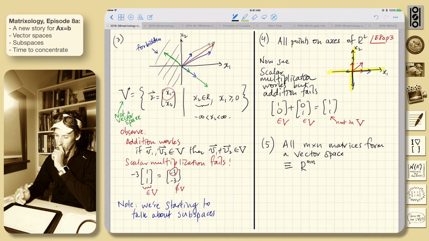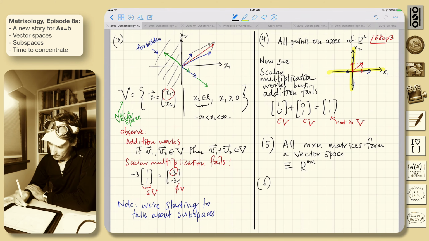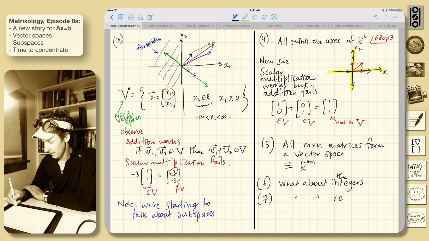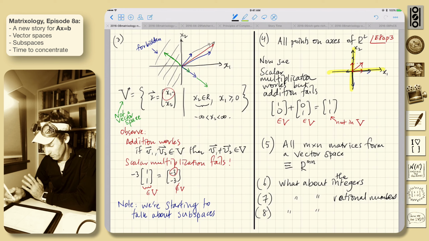Think about this. What about the integers? All integers. What about the rational numbers? What about all real numbers?